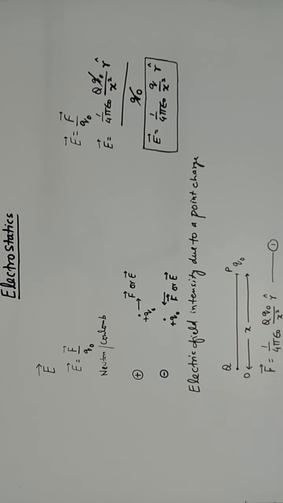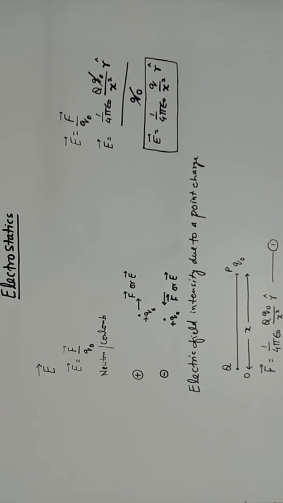We are introducing a term, vector sum. There are two types of sums. One is algebraic sum and the other is vector sum. In vector sum, we consider the direction. And in the algebraic sum, simple addition is there.